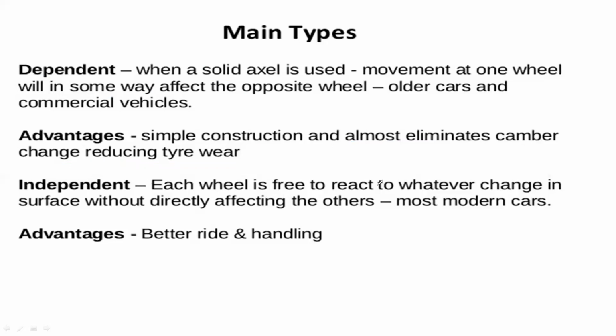And next one, the independent suspension system. Each wheel is free to react to whatever change in surface without directly affecting the others. Most modern cars, nowadays so many automobile vehicles, use the independent suspension system. Suppose the suspension system I am using is springs; those springs are placed in the vehicle. If the vehicle has four wheels, four suspension systems are used individually, okay.